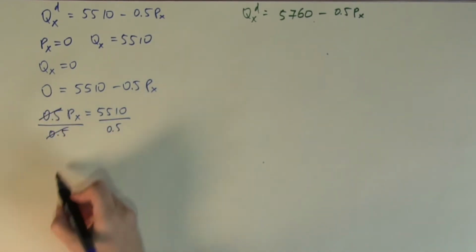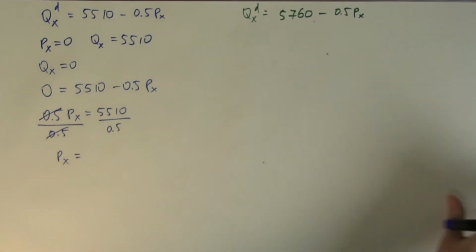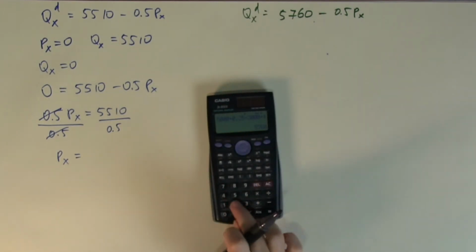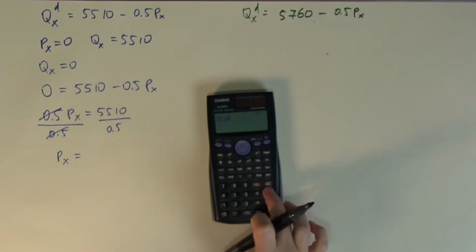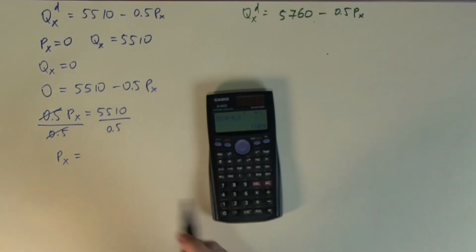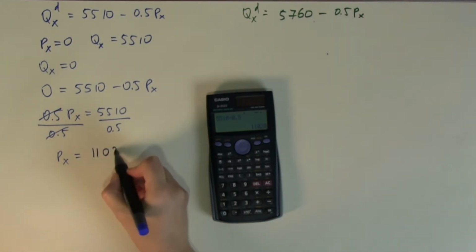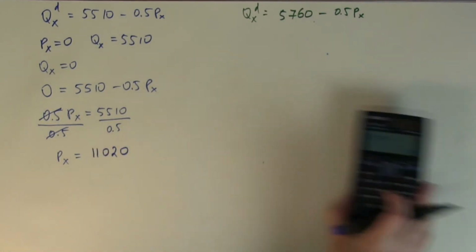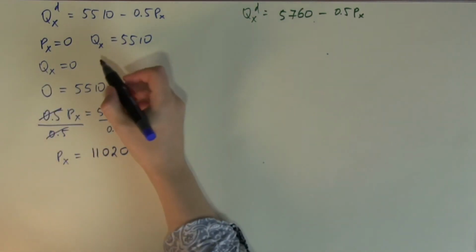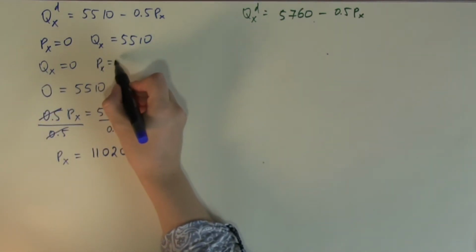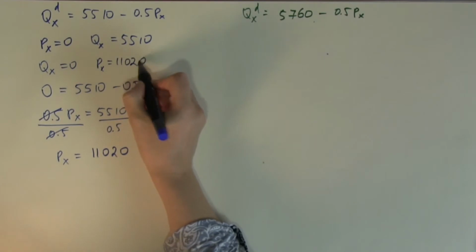That cancels down to 1. So Px will be 5,510 divided by a half, which gives me 11,020. So if Q is 0, then Px is 11,020.